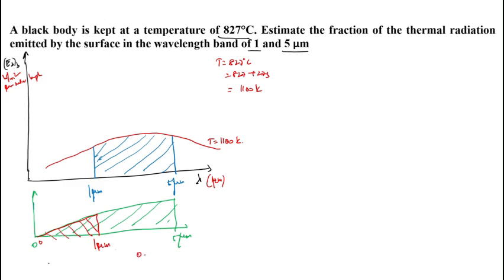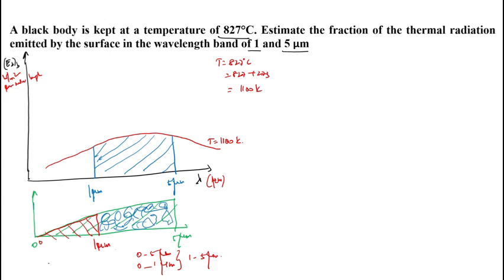First you find 0 to 5 micrometer, then you find 0 to 1 micrometer. The difference between these two terms gives 1 to 5 micrometer. So this is the area we are going to find. This value is available in the data book.